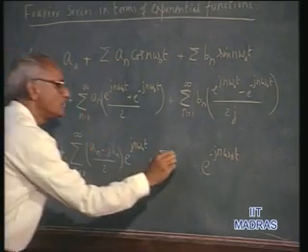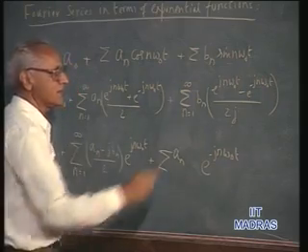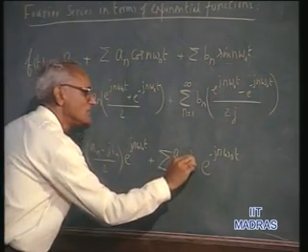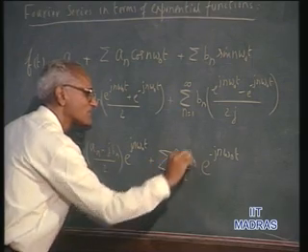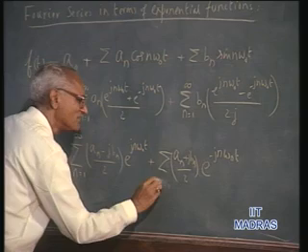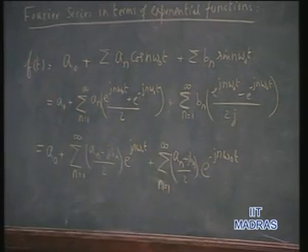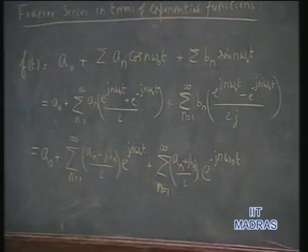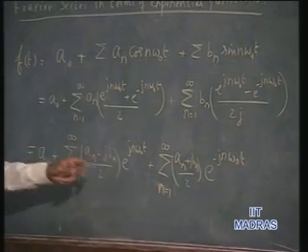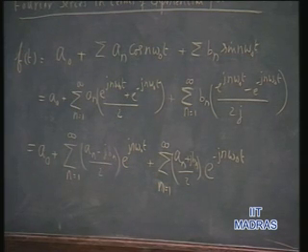An upon 2, and then because of the negative sign here, it is plus jbn upon 2, n from 1 to infinity. So what we have done is we expressed f of t not in terms of trigonometric functions but in terms of exponential functions of the type e to the power of jn omega naught t.